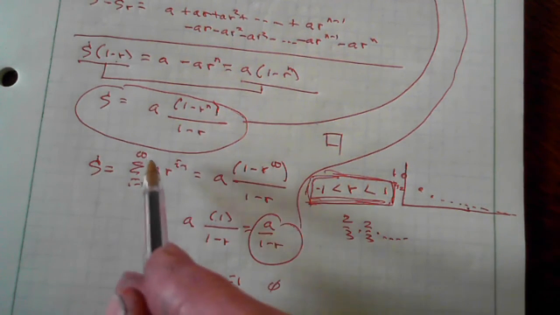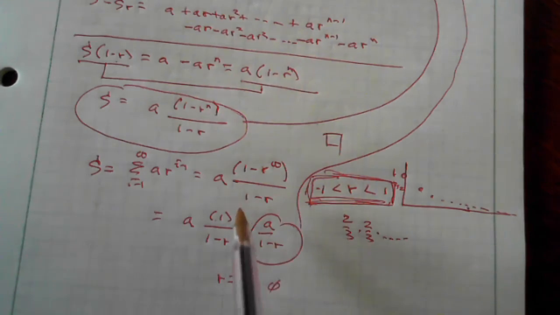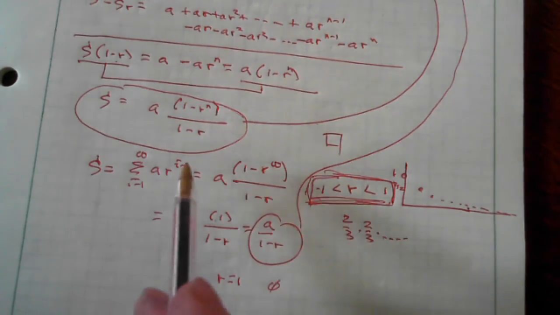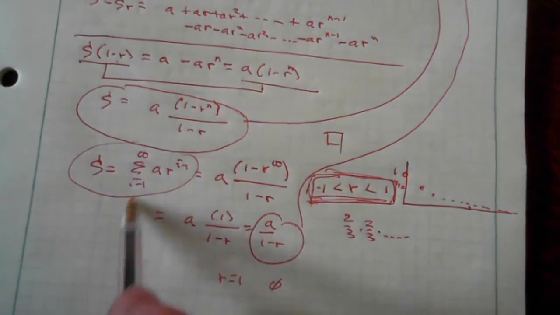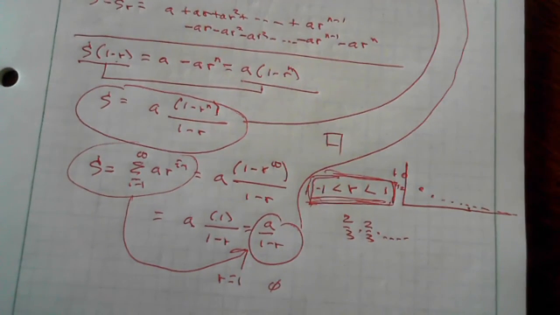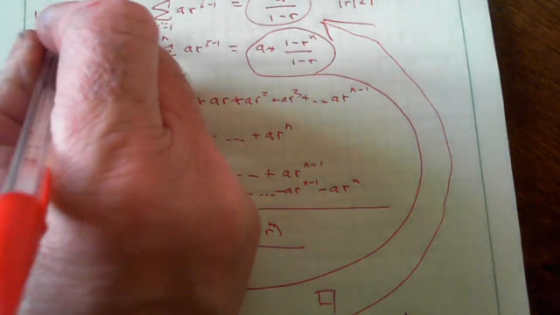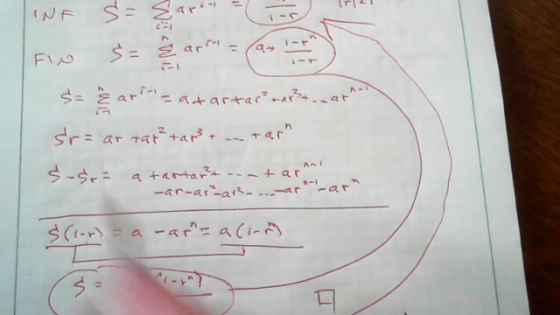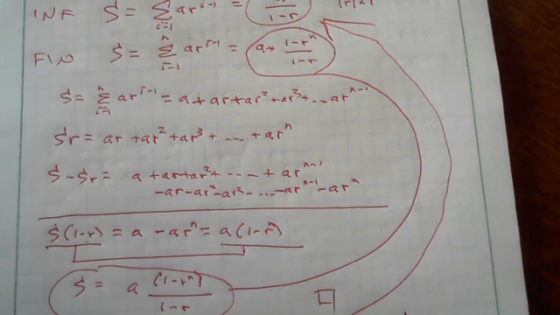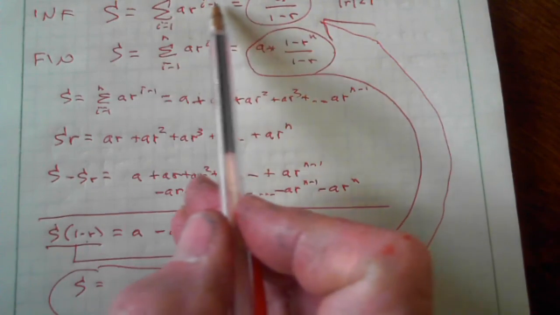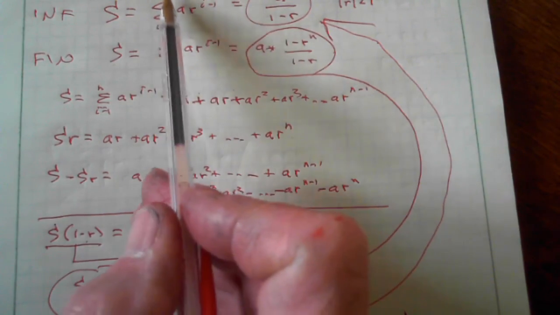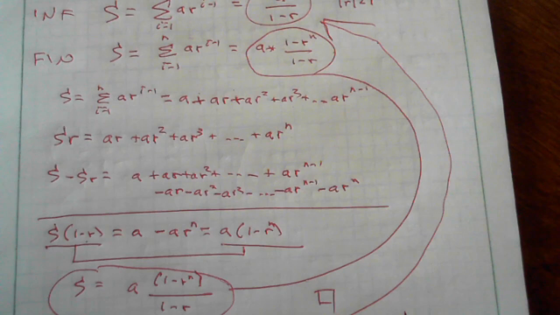So this is our infinite series if and only if r is between -1 and 1. Boom. So this is the infinite one here, and this is the finite one here. And we'll do both of these in pre-calculus, but the infinite series will be the one that gets used in calculus. But you got to know them both. Alrighty, thank you.